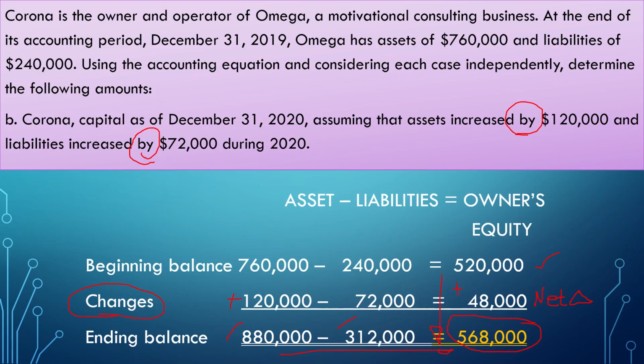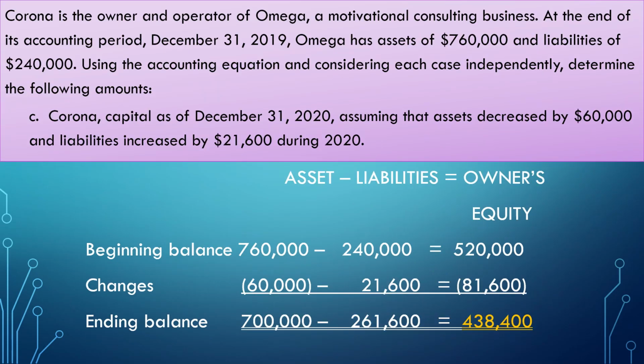Okay? For letter C, the same requirement, the ending capital of Corona as of 2020. But this time, the assets decreased by 60. So it's like 760 minus 60, so you get an ending balance of 700, right?